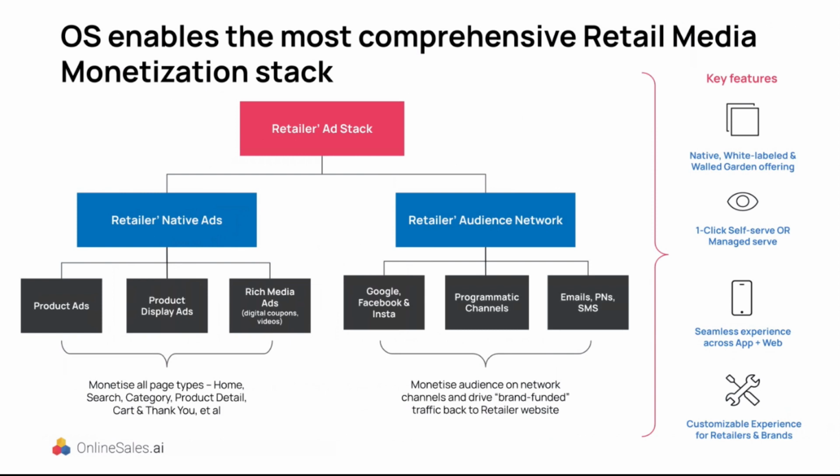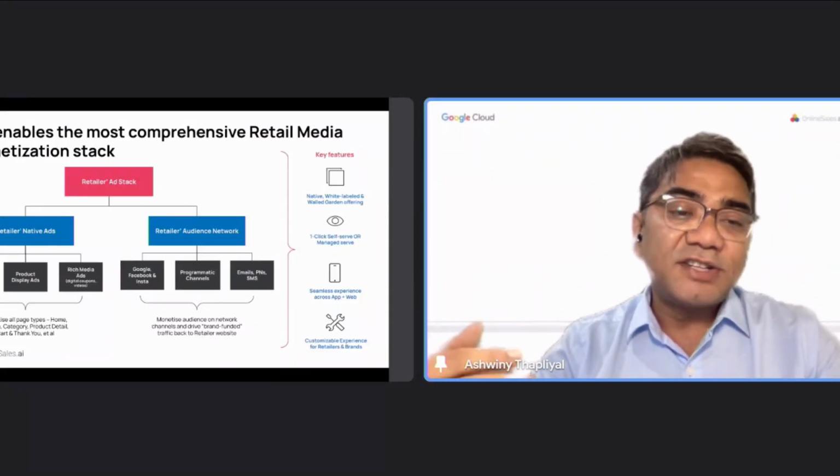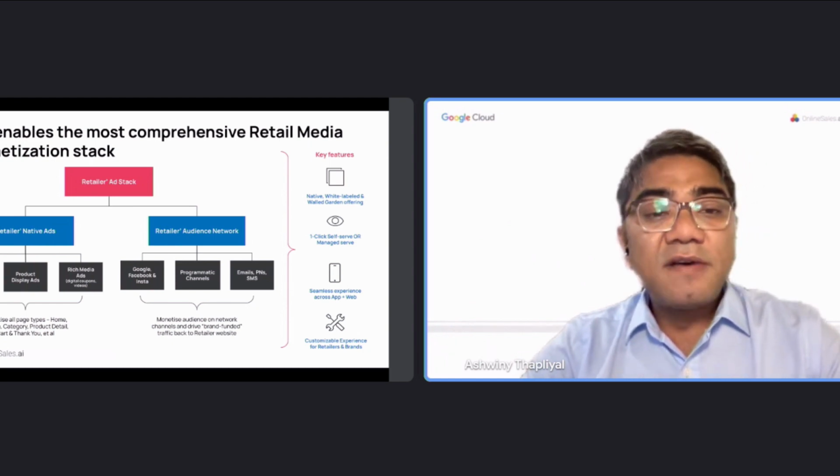Then we also do product display ads. We integrate very deeply with the retailer, and we have access to the entire product feed and a ton of other data, so we can generate display ads on the fly using the catalog. No human intervention is needed, and it improves sell-through rates and yields.